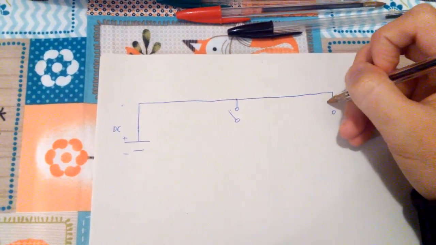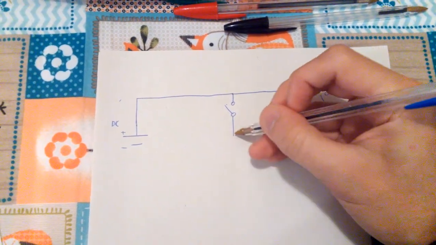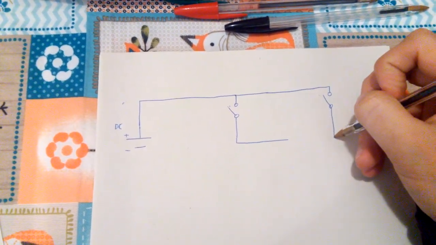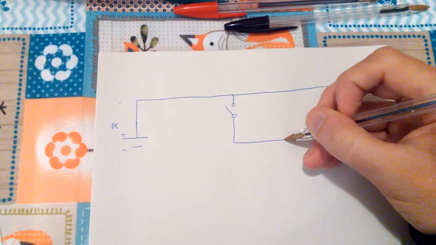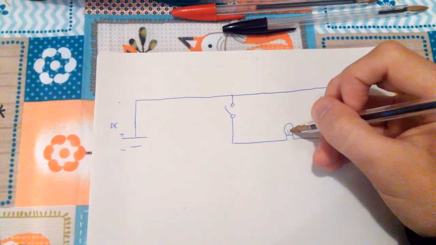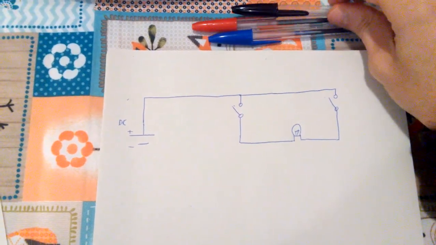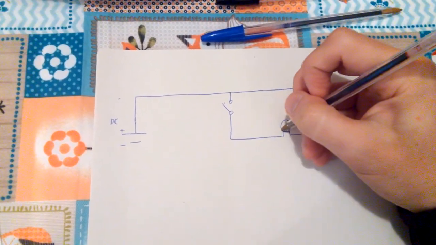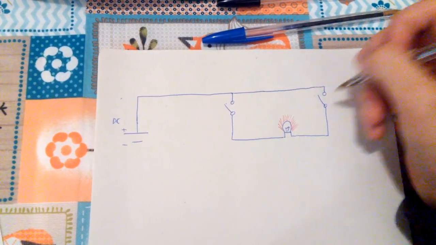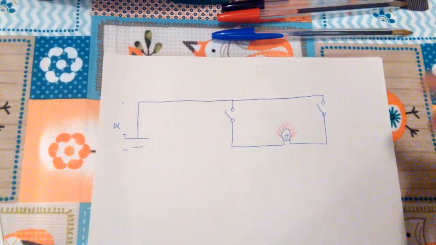So I'm gonna have another switch here, and then all the way down to some kind of resistance which requires AC. Let's try something like, I don't know, a light bulb. Well, this is a very bad example, because light bulbs wouldn't actually notice whether you are using AC or DC, because they can work in both.